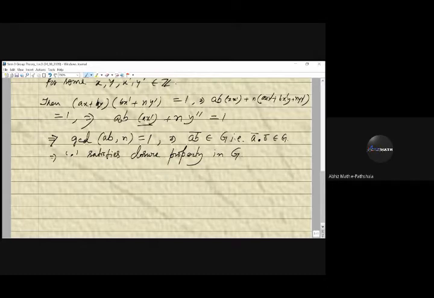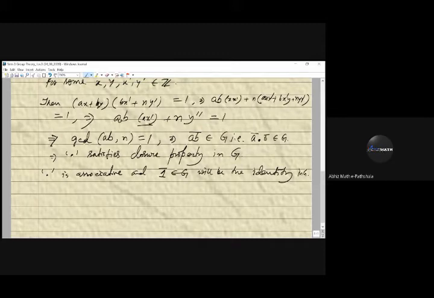So you can say that dot is associative and 1 class belongs to G will be the identity in G. So this proves that G with respect to dot forms a monoid.